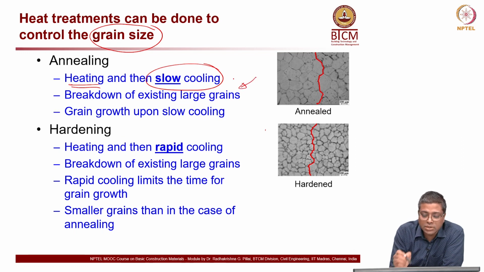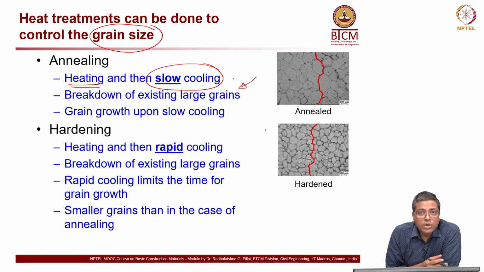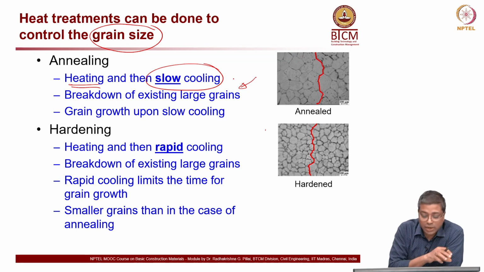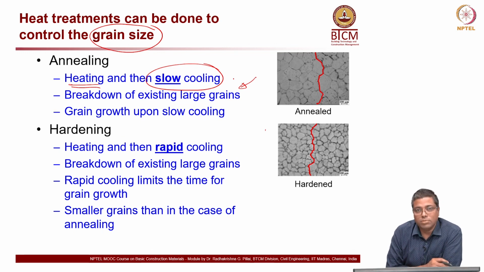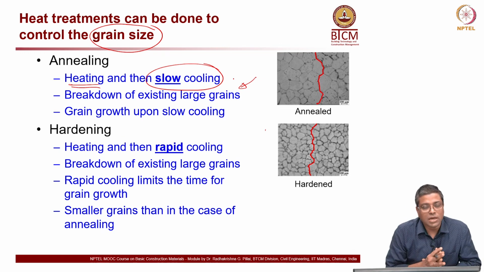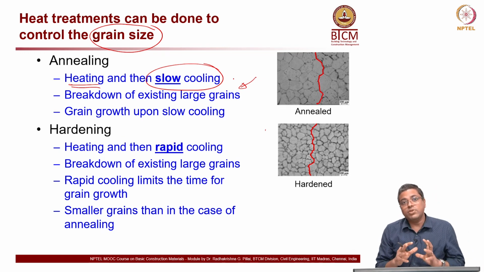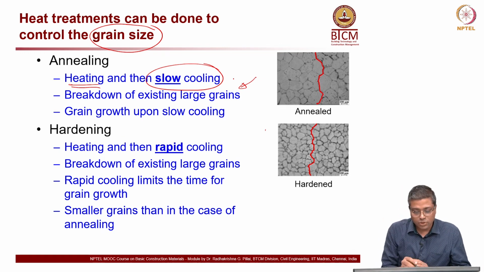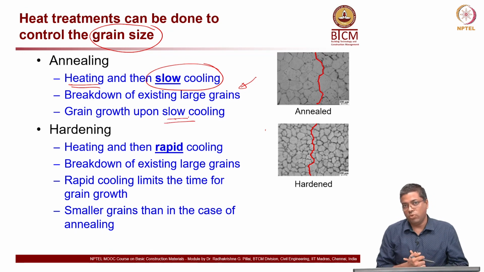What happens in this process is, when you heat the material, the large grains which are present tend to break down, and then as it progresses, it allows a little bit of grain growth, meaning a new set of grains are formed, which could be larger in size. That depends on the rate of cooling.